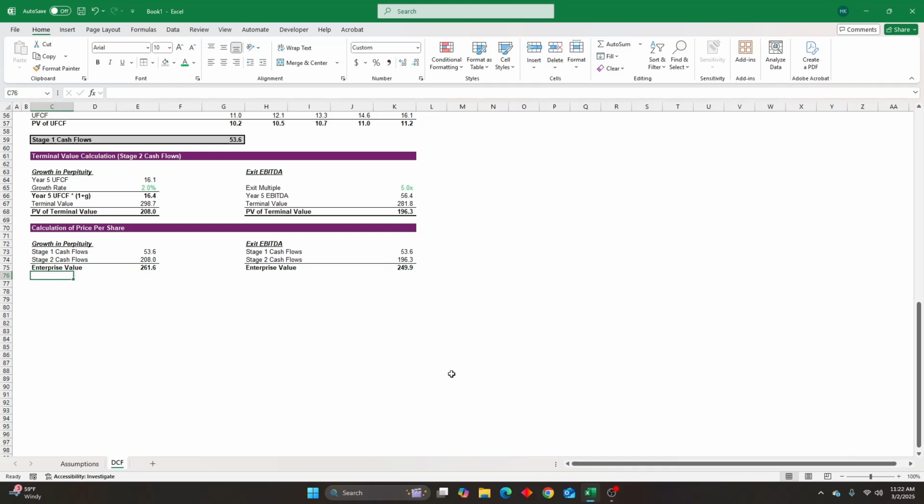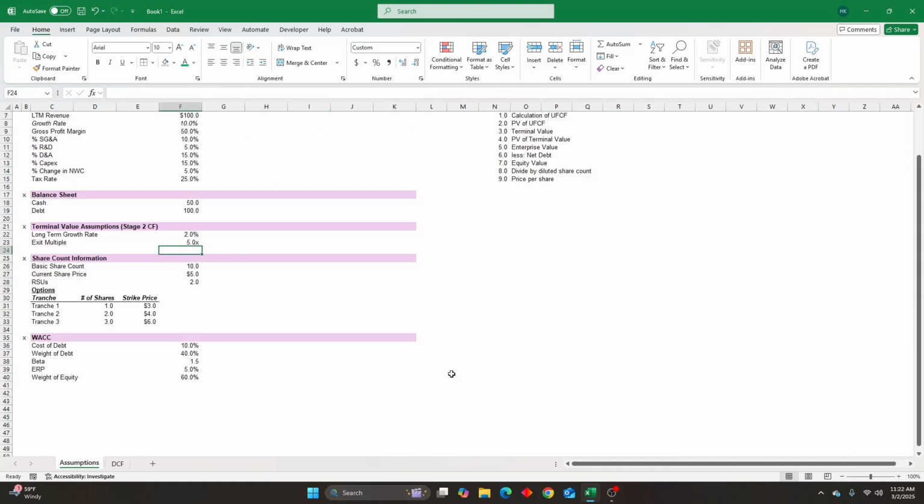Okay, now that we have our enterprise value, the next thing we're going to do is take away our net debt. And just to illustrate what this looks like, I'm going to type out each component. So we're going to take away our net debt to get to equity value. Okay, so we can go back, and to calculate our net debt, we're going to take our debt less our cash.